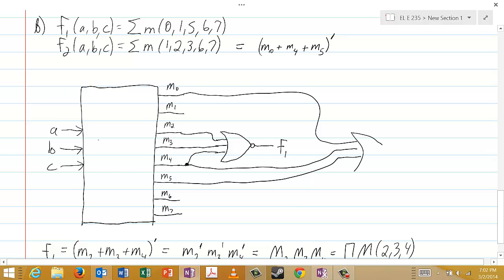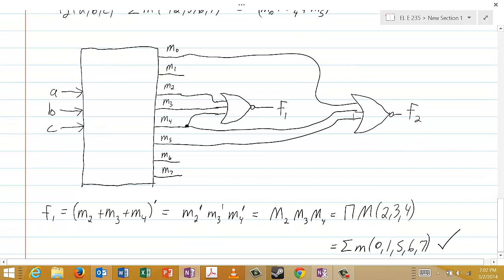And again, we'll want to use a NOR gate to get F2. Again, we're trading off here. We're using a 3 input NOR gate rather than a 5-input OR gate that we would otherwise need to OR together these 5 minterms.